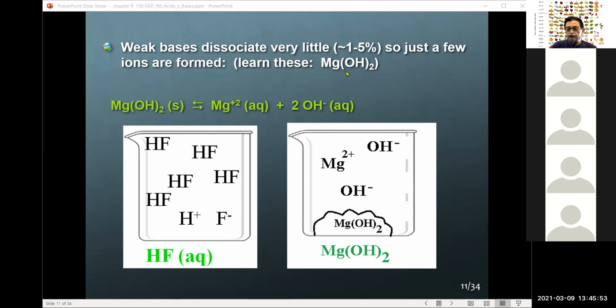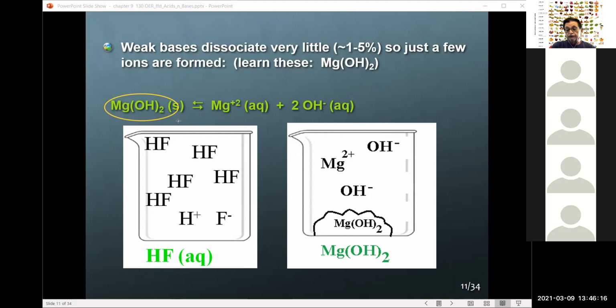So magnesium hydroxide is a good example of an ionic compound that does not dissociate 100%. The majority of the material is still intact and it's still solid. You might have used some of this before.